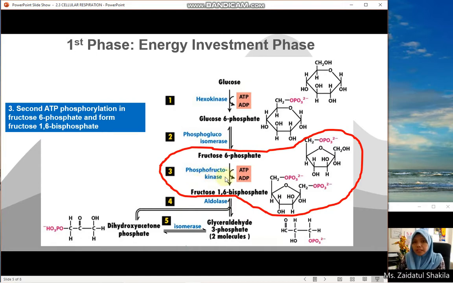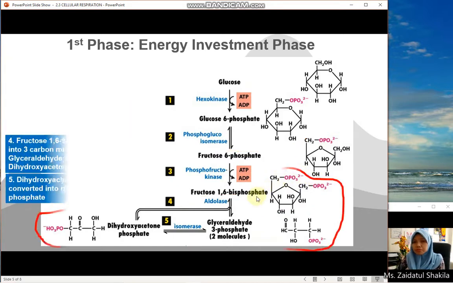So it means another phosphate group is being added to fructose 6-phosphate. ATP donates a phosphate group to fructose 6-phosphate and becomes ADP. Look at the diagram: the phosphate groups are on carbon number 1 and carbon number 6 of fructose.